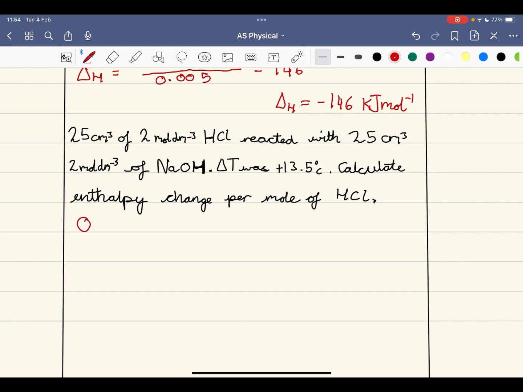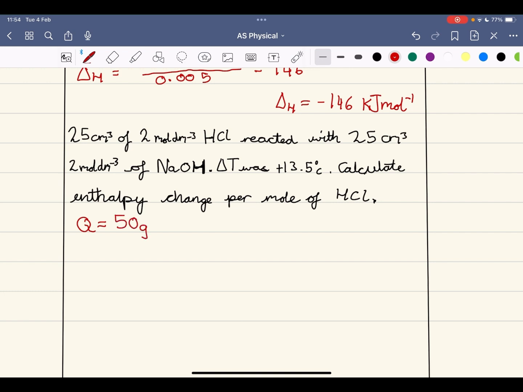So once again, we work out Q. Now in this case we have 2 different solutions, right? So we include the masses of both. Here we have 25, and here we have another 25. We'll assume that the densities of both are 1. So altogether they weigh 50 grams.